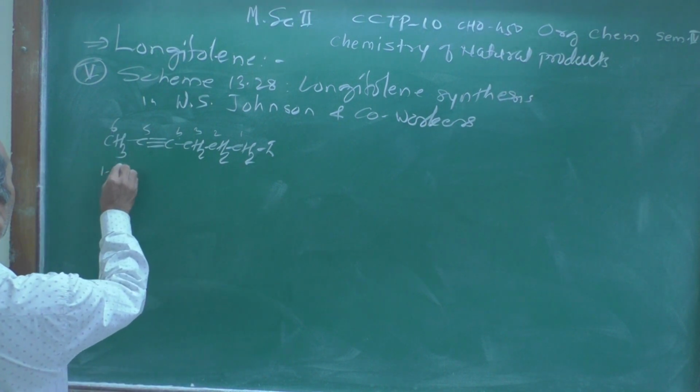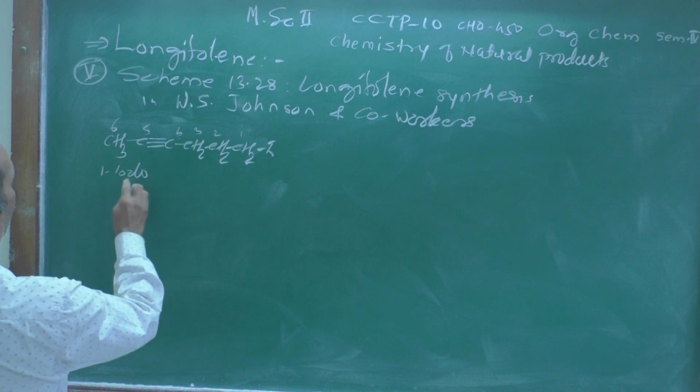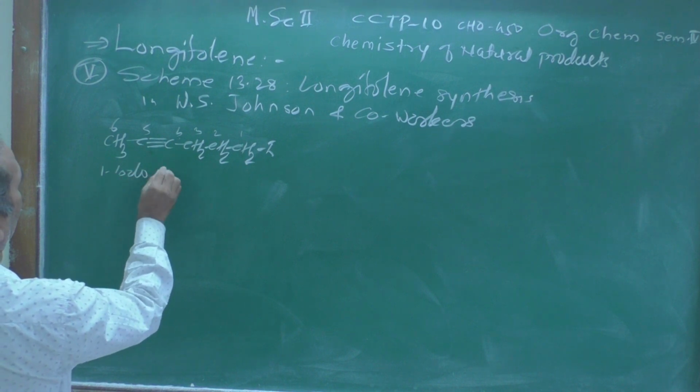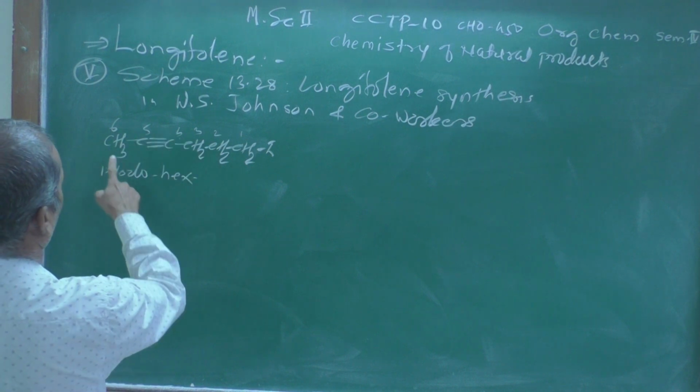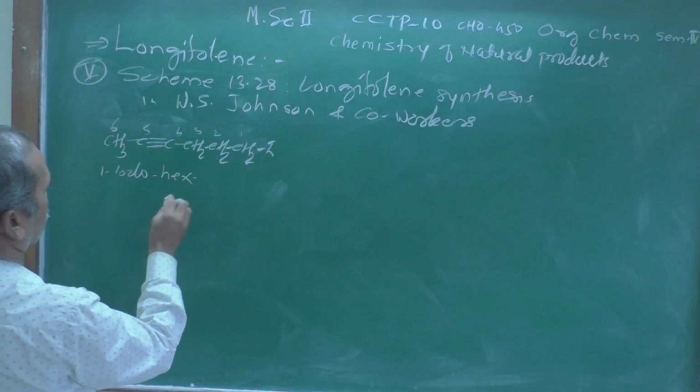So you can give 1-iodo, and 6 carbon atoms are in the straight chain.